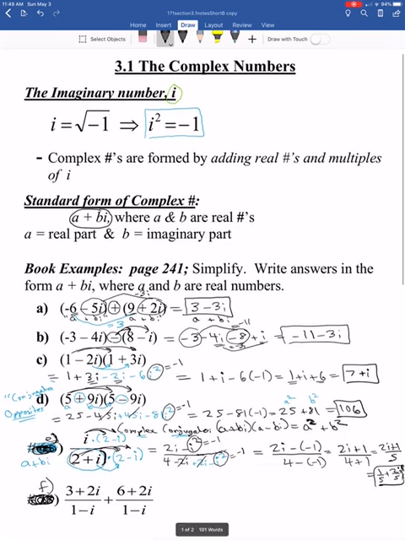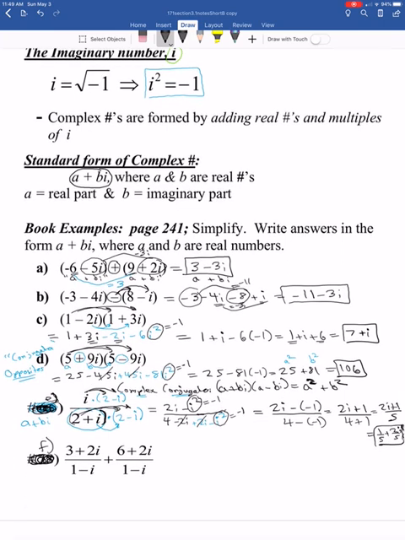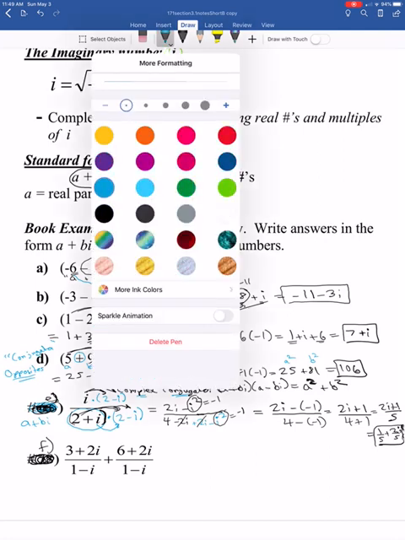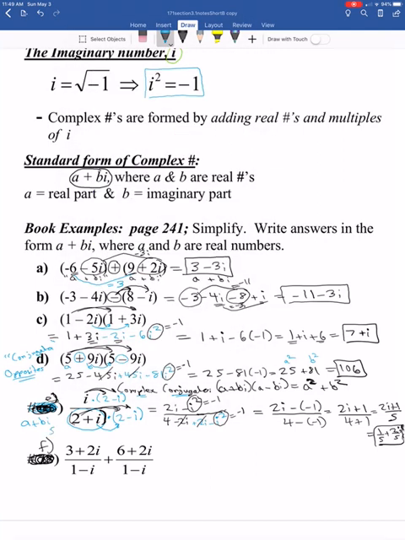So again, to eliminate i, that's our first goal. That's step one, and I'll write that here in our notes so we won't forget. Step one, again, is multiplying the denominator by the conjugate, by the opposite.